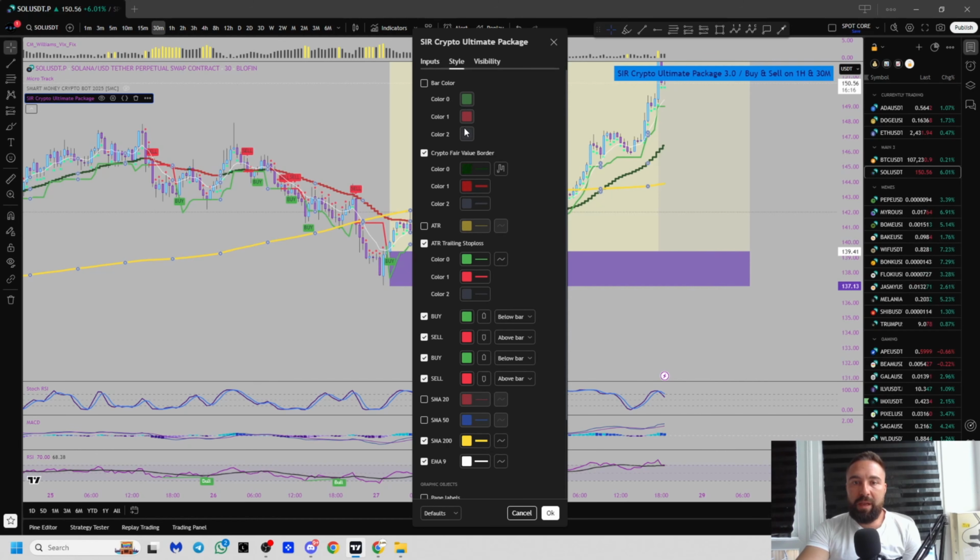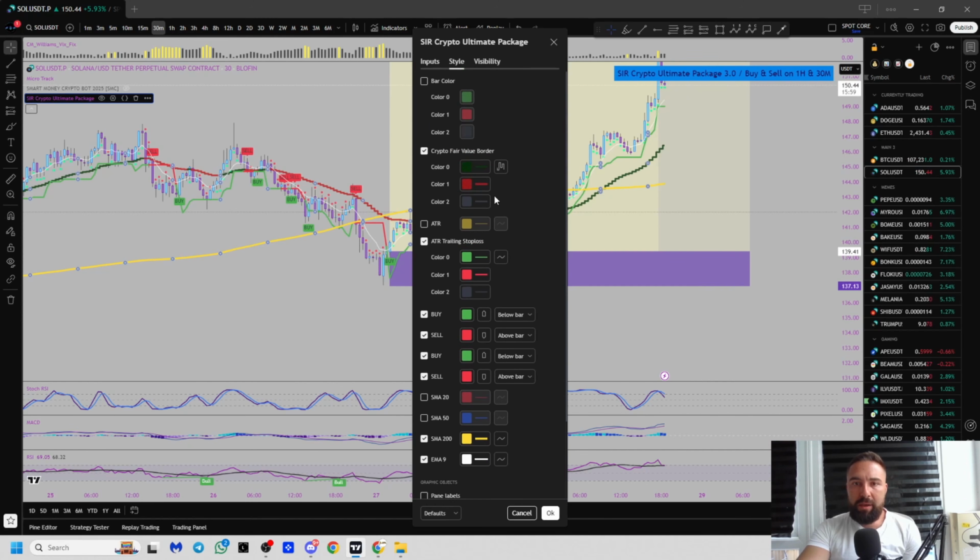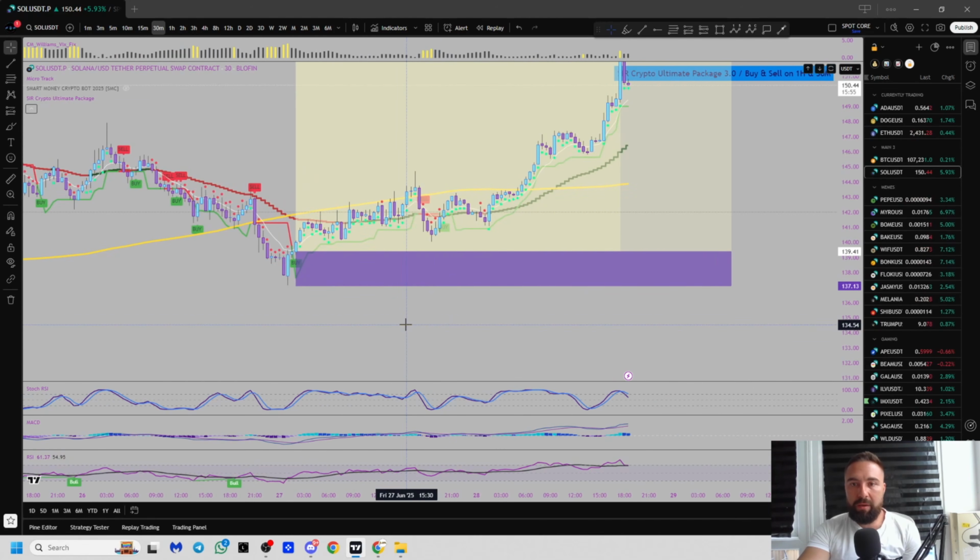Have the crypto fair value border on, ATR, trailing stop loss, all the buy and sell signals, and you also have 4 moving averages: 20, 50, 200, and 9 EMA. Once you have all that done, just click OK, and you're basically ready to go.